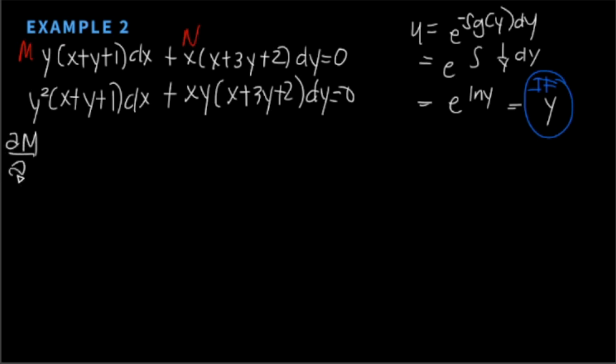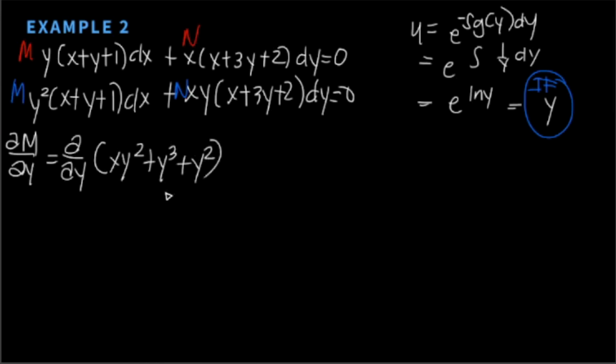Magiging dM over dy is equal to d over dy times yung M natin. Ito yung M natin. At ito yung N natin. So, magiging siyang, distribute natin yung y squared dito sa x plus y plus 1. Magiging siyang xy squared plus y cubed plus y squared.